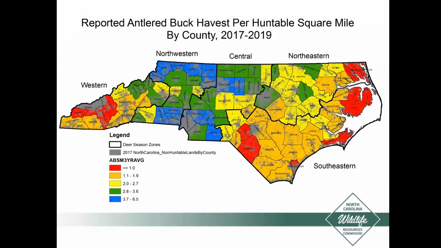So our metric here to determine whether or not we're meeting our density objective is we want to see between 1 and 3.6 antler bucks harvested per huntable square mile. And we are meeting that objective across most of the state. You can see we're falling short of the lower end of that threshold in the eastern and western ends of the state, those red counties there.